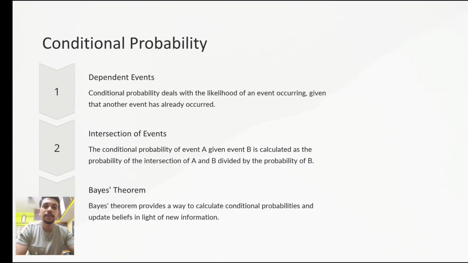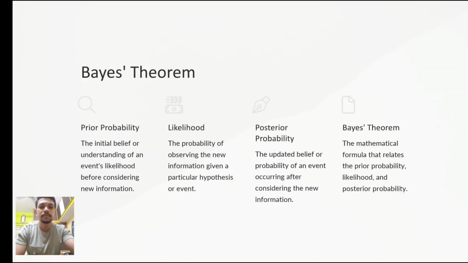The next one is Bayes theorem. Bayes theorem provides a way to calculate conditional probability and update beliefs in light of new information. The next one is Bayes theorem components. Prior probability, the initial belief or understanding of an event's likelihood before considering new information.